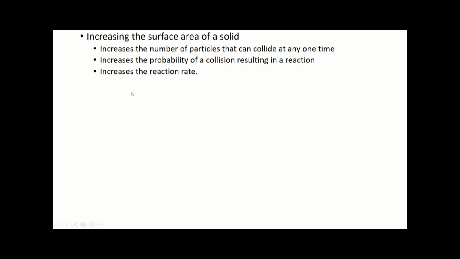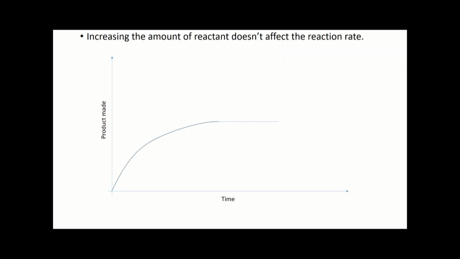So I'm going to talk about one more thing which actually doesn't affect the rate of reaction, and that is increasing the amount of reactant. Lots of people put this down as an answer, but it's actually not true to say that it affects the reaction rate per se.